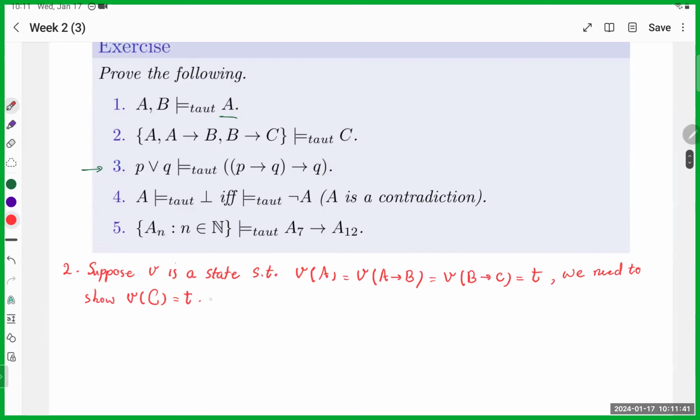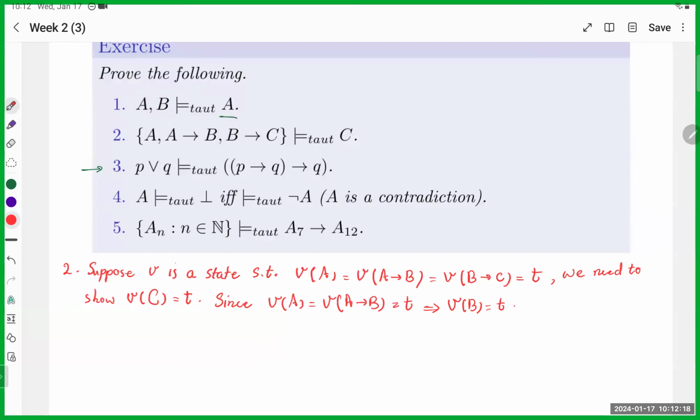You can argue like this: since V of A and V of A implies B are true, we conclude that V of B has to be true. Otherwise, if V of A is true and V of A implies B is true, then V of B has to be true, because otherwise V of A implies B would be false.